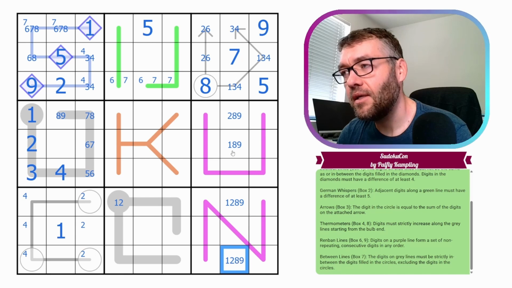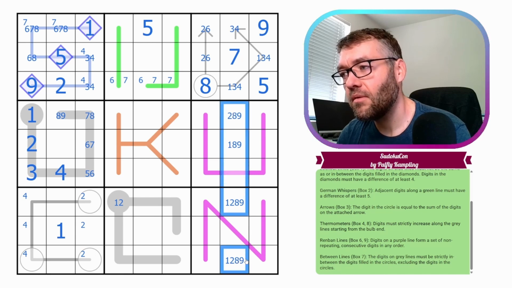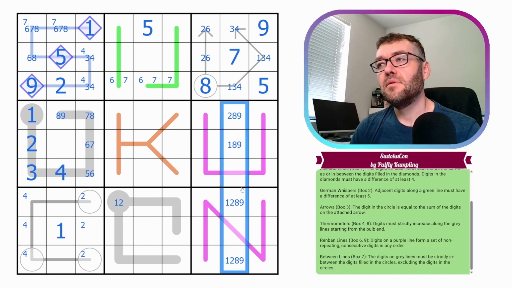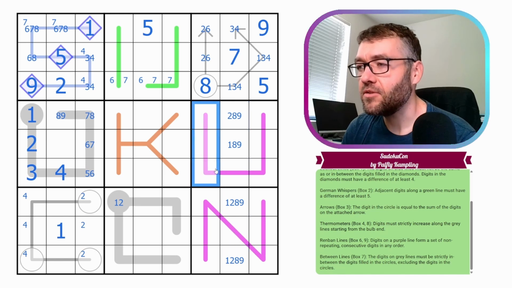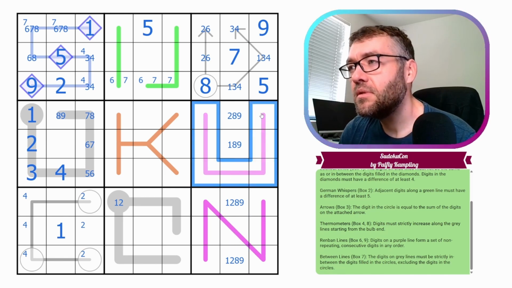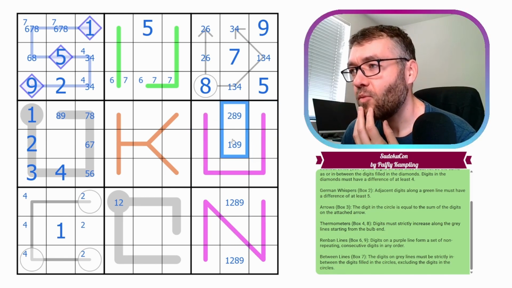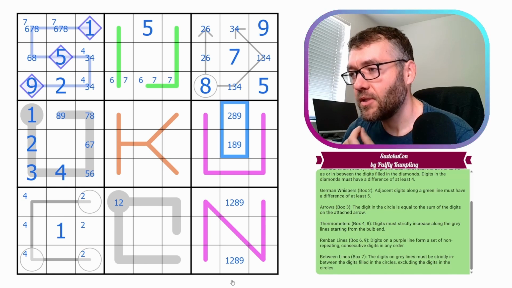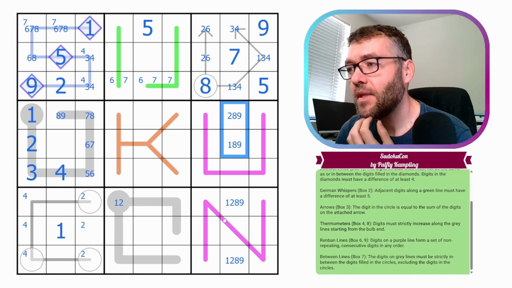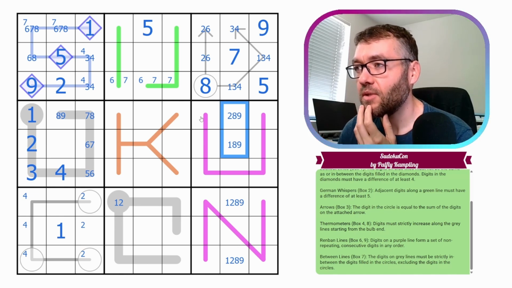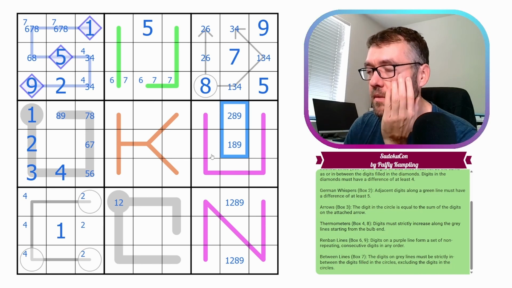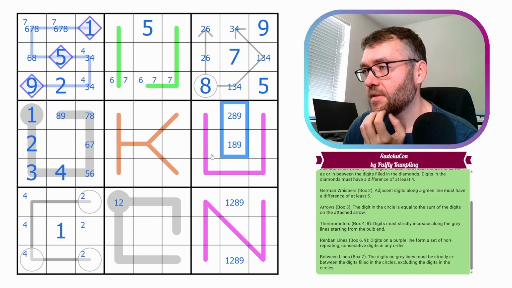That would force the 9 in this column in both boxes. So yeah, these have to be the extremes, where one of these is going to have the 1, 2 in the middle here, and the other one is going to have the 8, 9. So one of these is going to be 1 through 7, the other one is going to be 3 through 9. So that's something to think about.